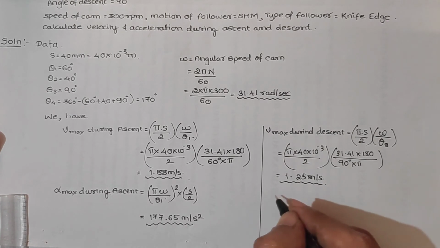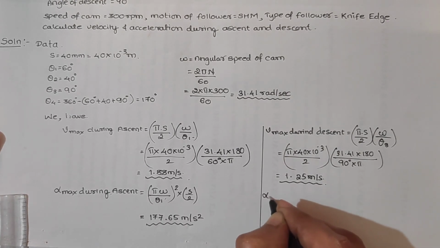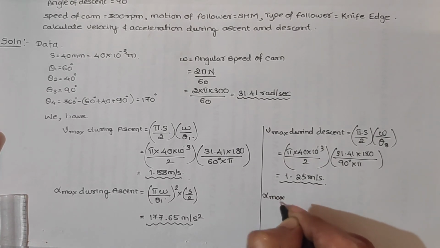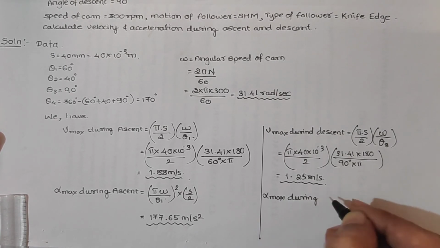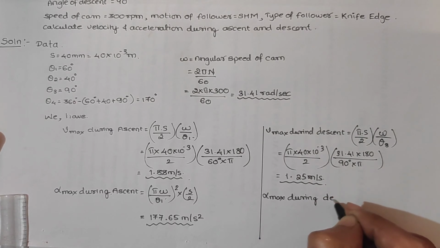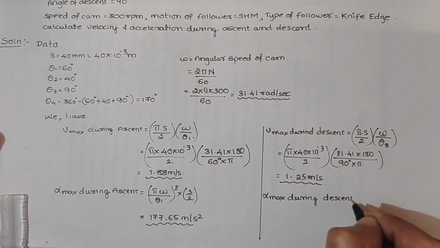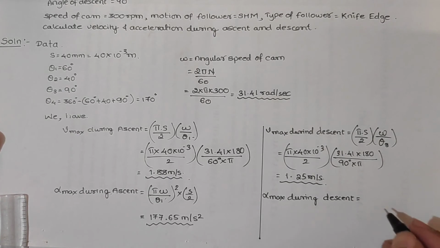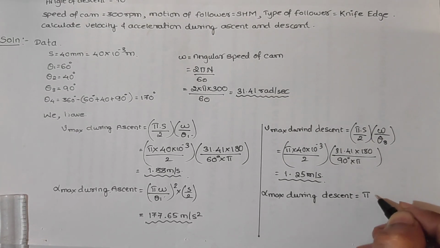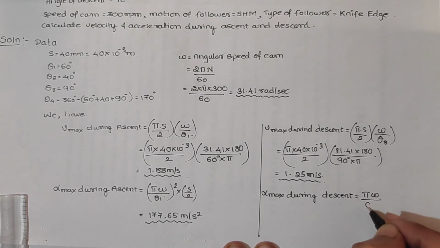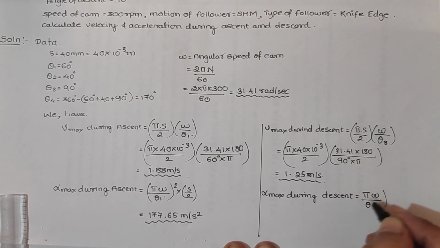Next we have to find out the maximum acceleration during descent. The equation for that one will be pi omega divided by theta 3, whole square, into S divided by 2.